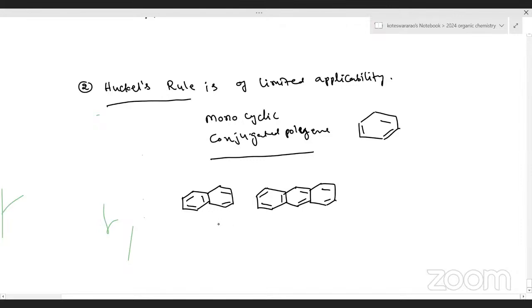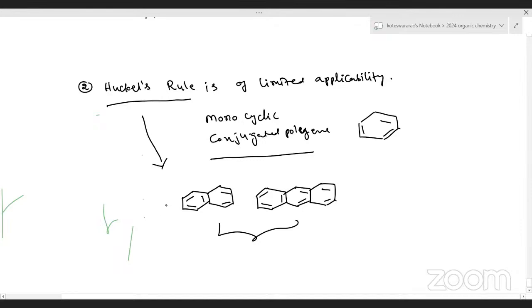The aromaticity of these kinds of molecules is not explained, but whenever we extend the rule, these molecules follow the same rule and show the aromatic property.